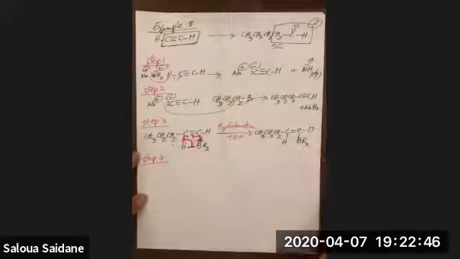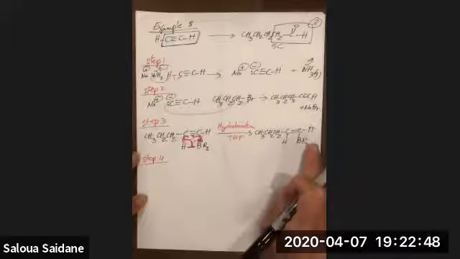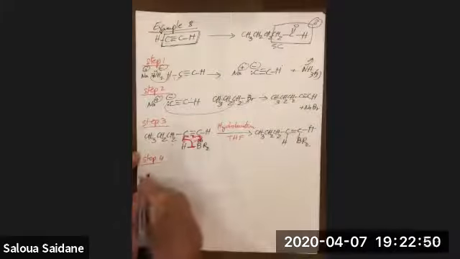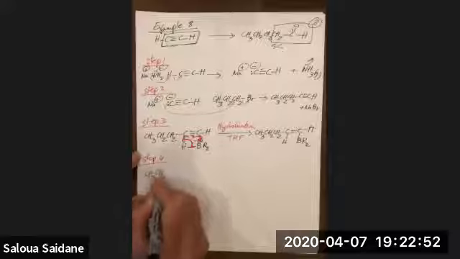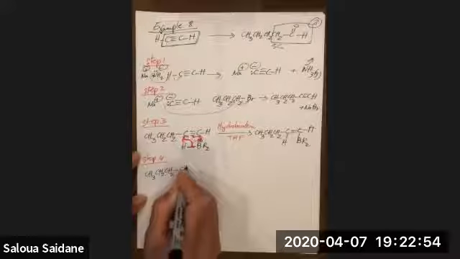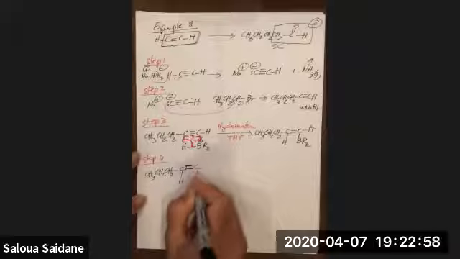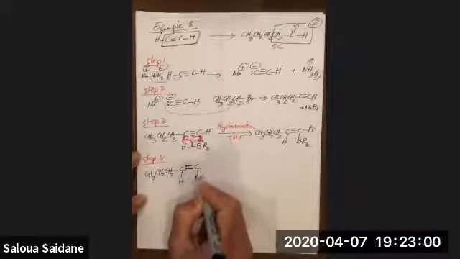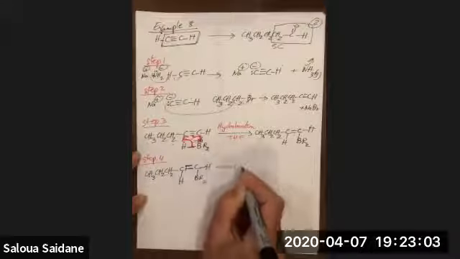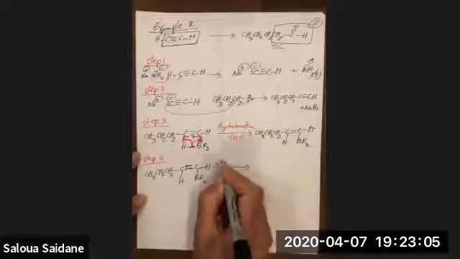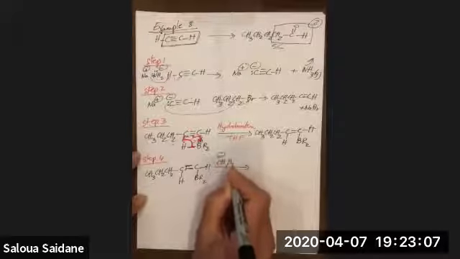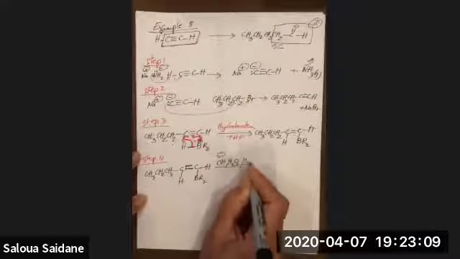The second step would be oxidation. So what does that mean? We're going to add water to remove this. So CH3, CH2, CH2, CH, double bond, C, BR2, H. You add here OH minus, H2O2, and water.